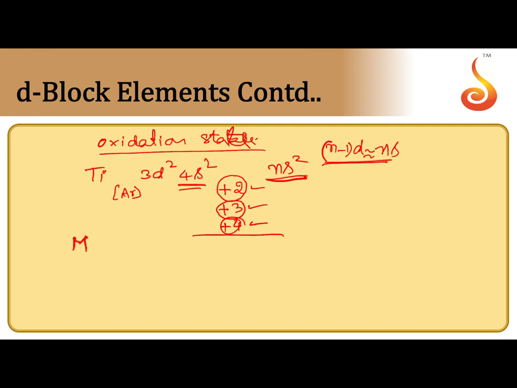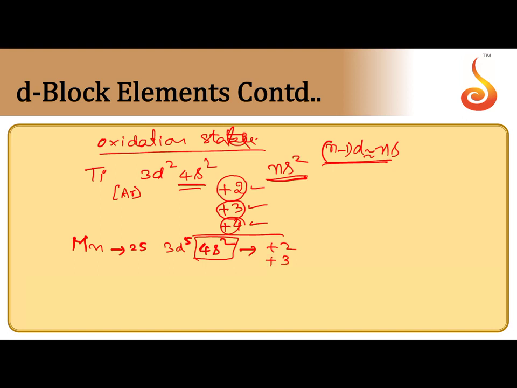If you take manganese, atomic number 25, electronic configuration 3d5 4s2 after argon. First, the 2 4s electrons participate in the bond formation, +2. Along with the 2 4s electrons, the 3d electrons one by one also may participate in the bond formation.